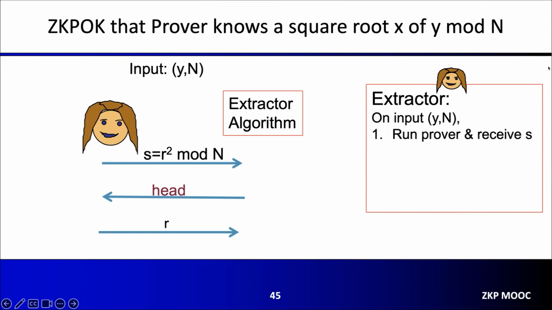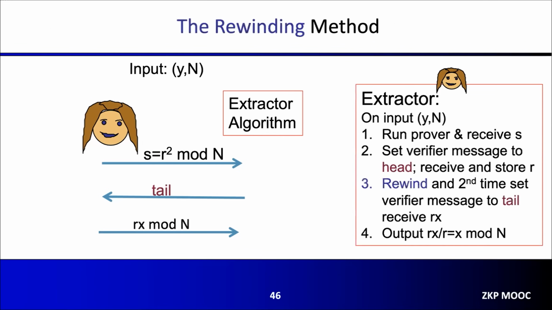First step, it receives s and it asks for heads, or b equal to 0, and gets back an r. So it stores r, and now he rewinds to the first step again. This time, though, when he gets s, he asks for tails, or b equal to 1, and he gets back rx mod n.